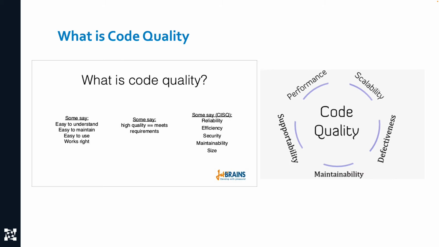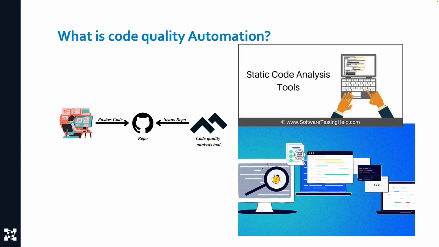There are a lot of definitions out there, on Wikipedia and Google. Source code quality also has an automation phase, meaning we use tools to help us detect problems inside the source code of our software projects.